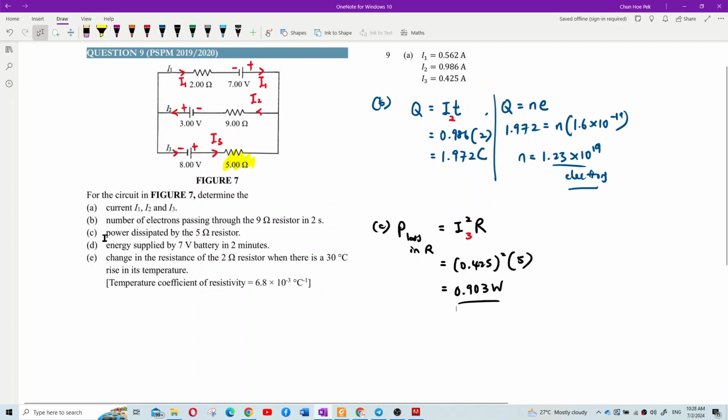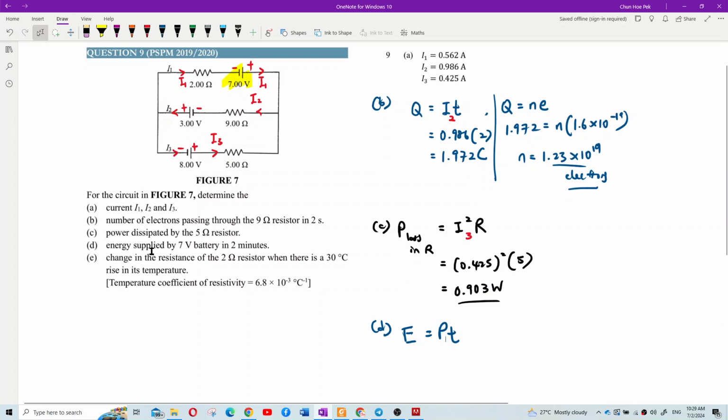Now, D: energy supplied by the 7 volt battery in 2 minutes. Energy supply by which battery? By this 7 volt battery. Energy is power multiplied by time, because power is energy over time.